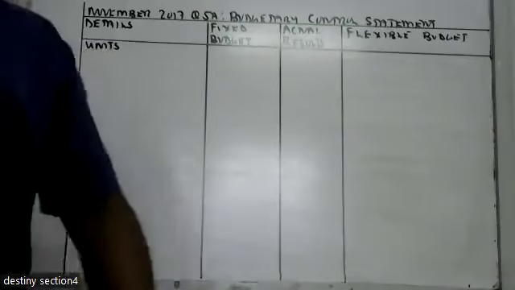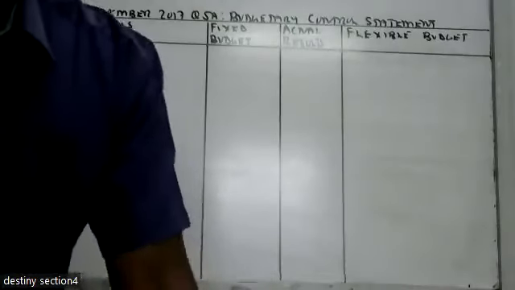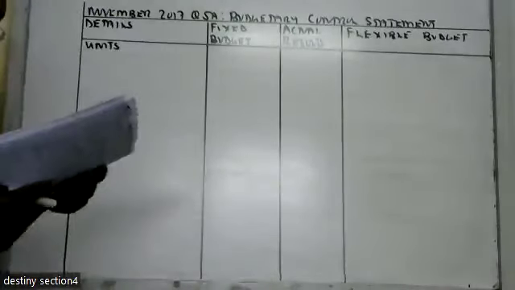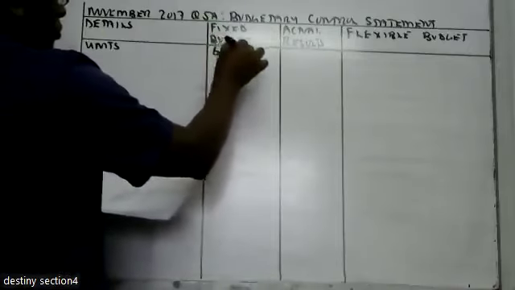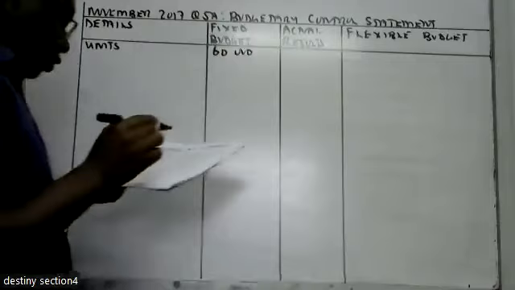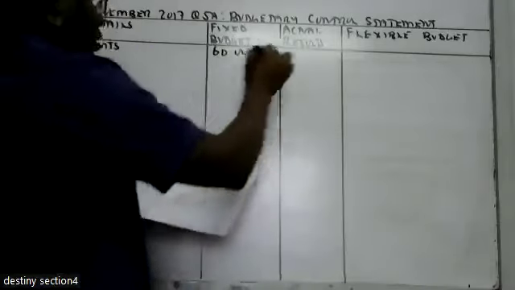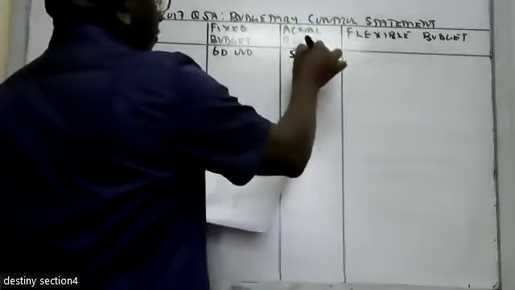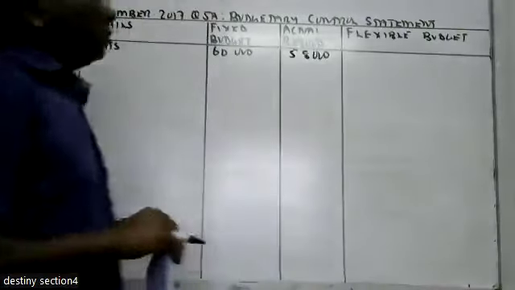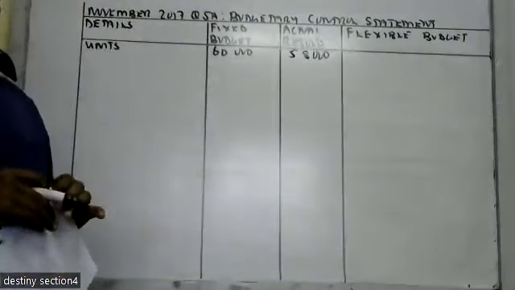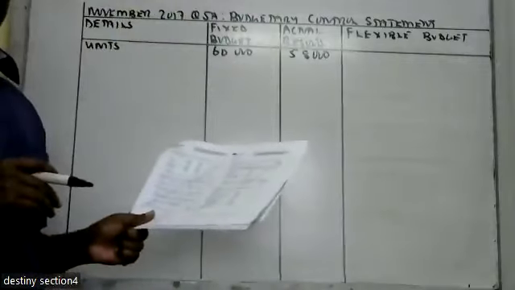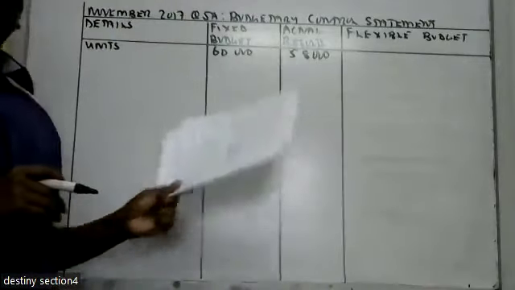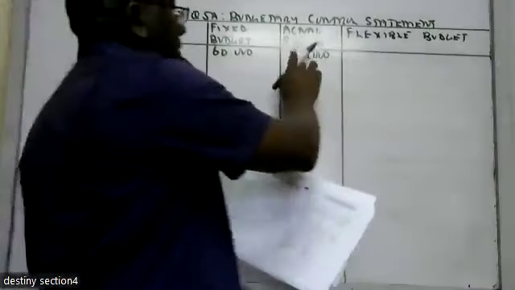Ya kwanza. So units for the budget, you can see they are 60,000. And the units for the actual, they are 58. Now here flexible, the units of the flexible are the units of the actual. So easy, like that.